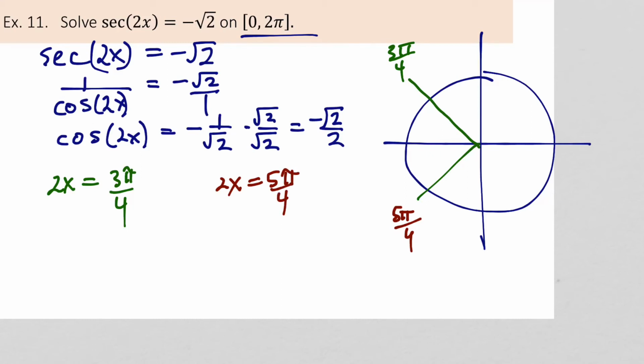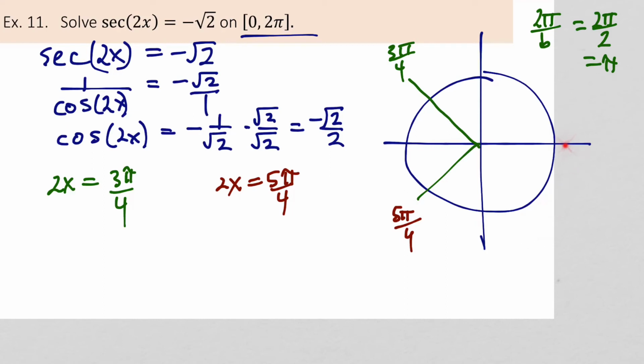Okay, since I have a period change with that 2 in front of the x, that means instead of my standard period 2 pi over b, where b is 1, so my standard period for the secant is 2 pi, I've got 2 pi over 2, which is pi. So what that tells me, it's going to take 2 entire trips around the unit circle to go this far. In one trip I'll hit here, and that'll be a solution, and here, and that'll be a solution.